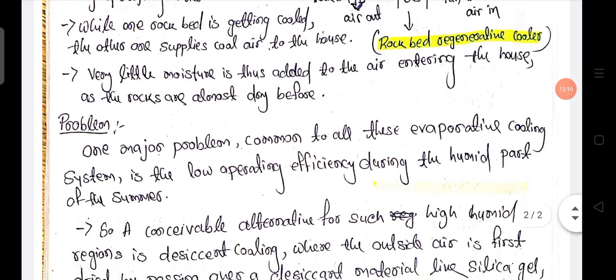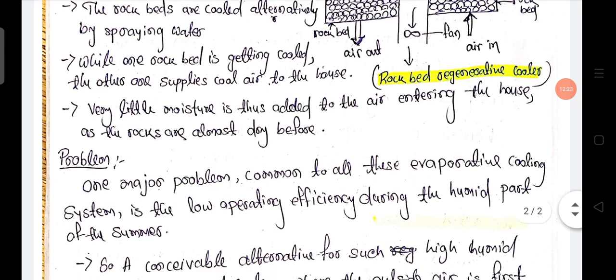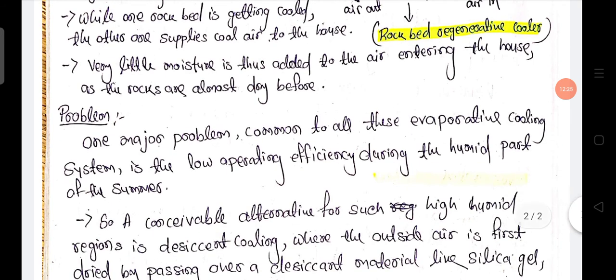This is the advantage, that we get low humidity air from the rock bed. But there are many problems. One major problem common to all these evaporative cooling systems is the low operation efficiency during the humid part of the summer.